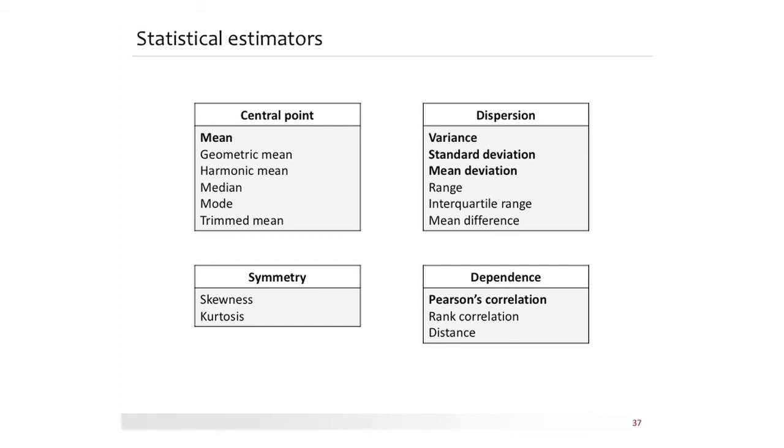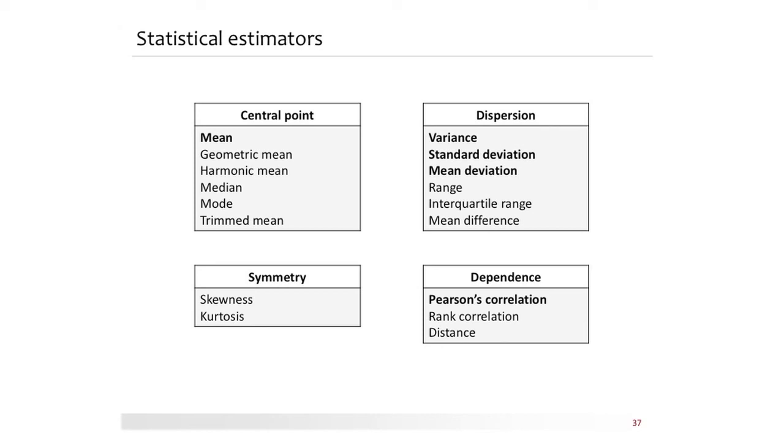To estimate dispersion, variance, standard deviation, mean deviation, this is what I showed you. You can calculate range from the smallest to the largest point, interquartile range from, let's say, 25th to 75th percentile. That would tell you something more about your data, or even mean difference between every pair of points in your data. And there are many more.